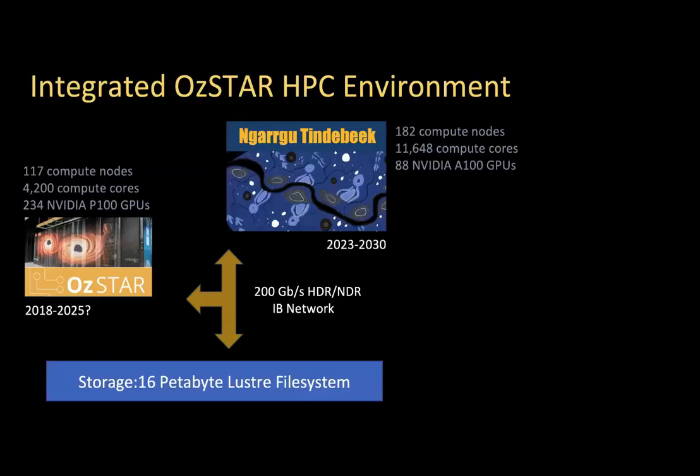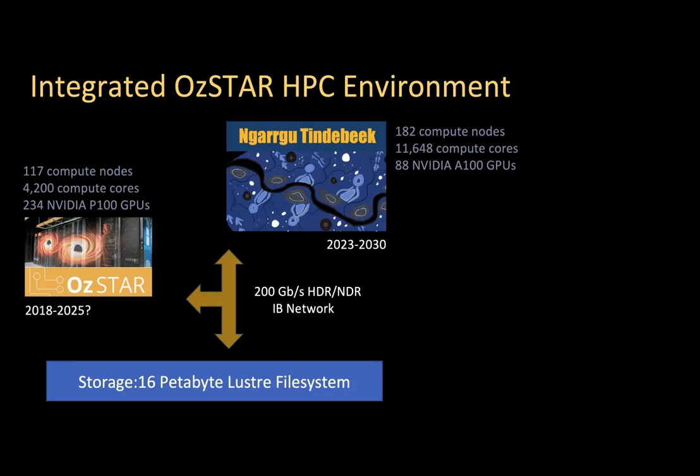Okay, so another way of looking at how this all sits within the environment is presented here. So we've got OzSTAR, we've got Ngagu Tinderbeek. We expect to run both in parallel for many years. They are networked together, although internally the network for OzSTAR is a 100 gigabits a second network.